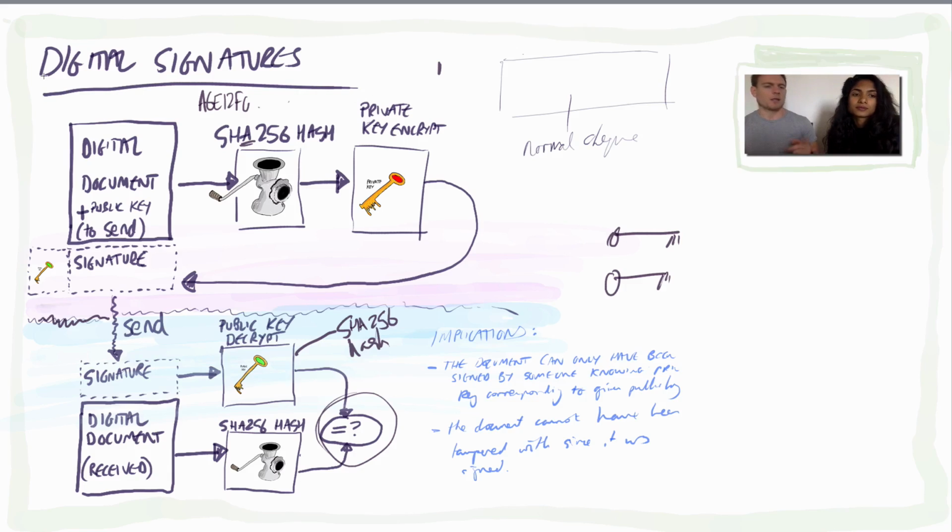When it comes to digital signatures, it's a very special case where the usual use case is flipped on its head, and we said, we're not bothered about keeping the document secret.